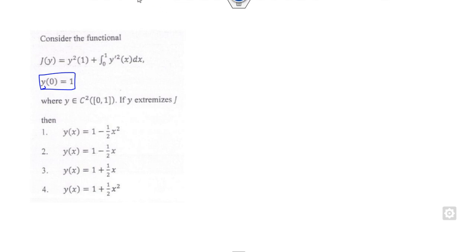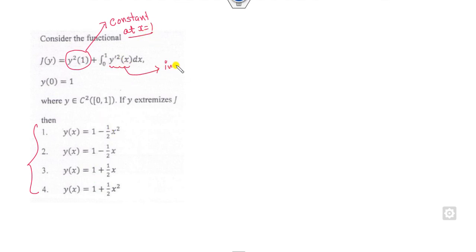Okay, look at this one. Now in this case, you can see there is an extremal. Look at this part, which is always a constant. Why? Whatever the value of y from here, it is computed at the point x equal to 1, which is always a constant. So we look here.